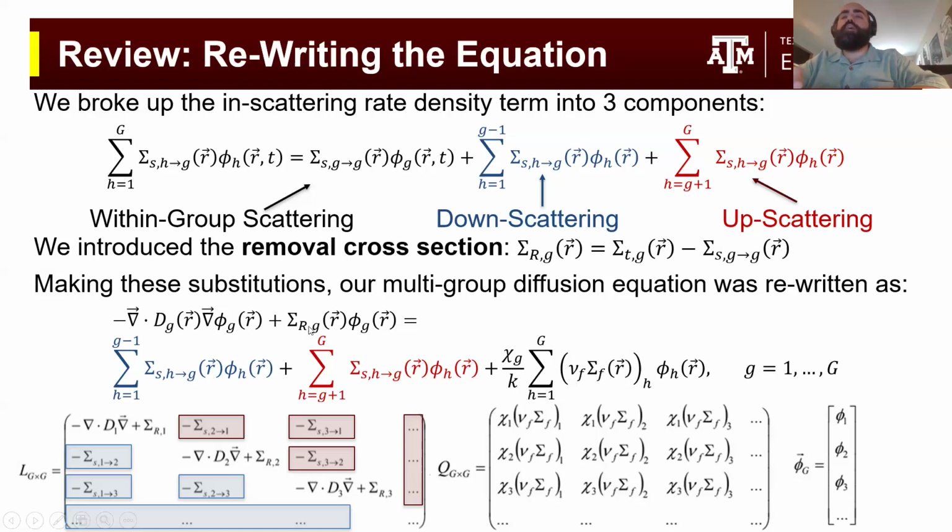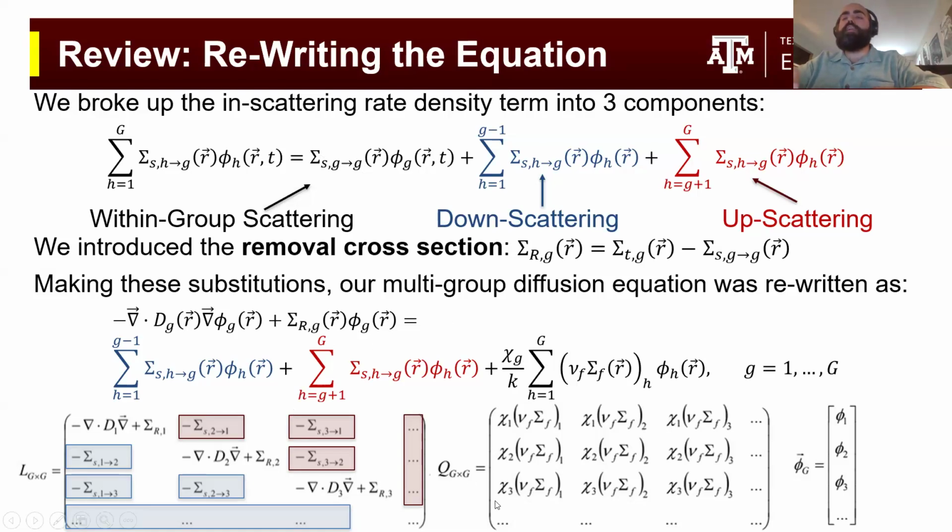So we replace the in-scattering integral with these summations. We group the total cross section and the within group cross sections together, and that gives us this removal cross section. And then we did a similar thing with the fission production term. We're also rewriting it as a summation. So this is what the multi-group diffusion equation looks like as an equation.